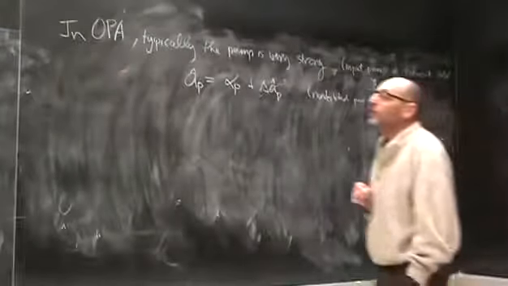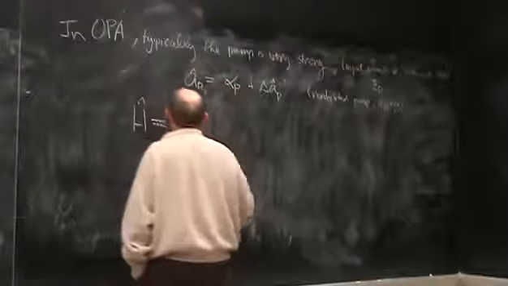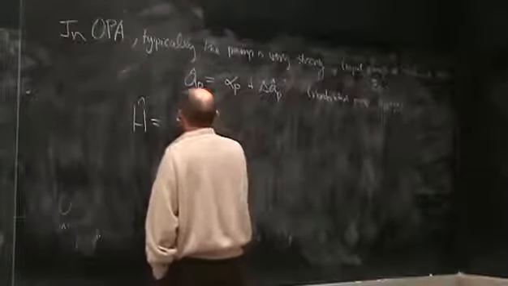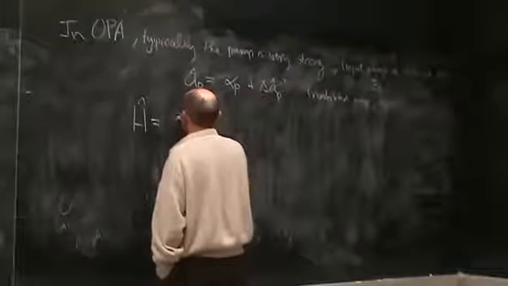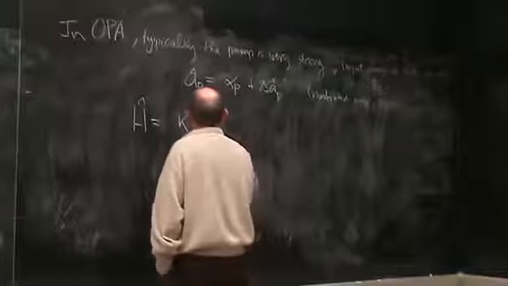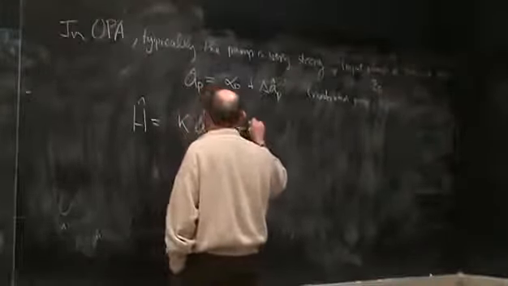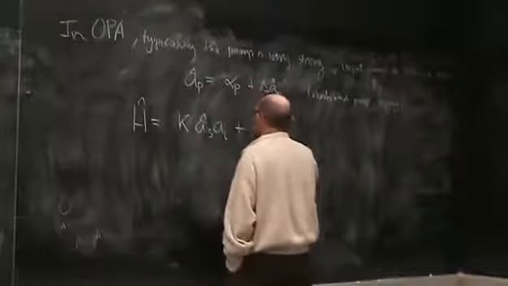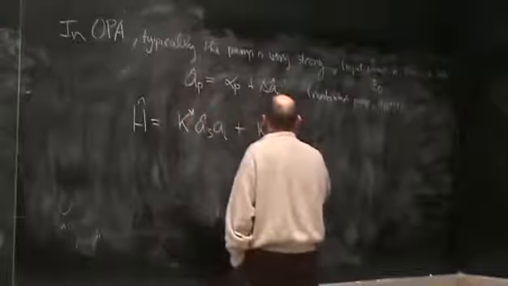So under that circumstance, my Hamiltonian will have the form some constant kappa, signal idler, some constant, call this one kappa star, call this one kappa.